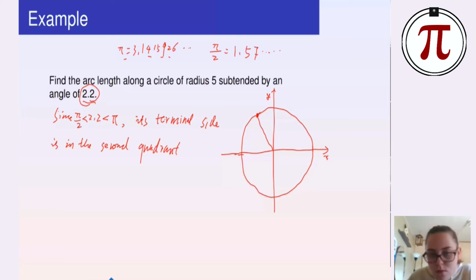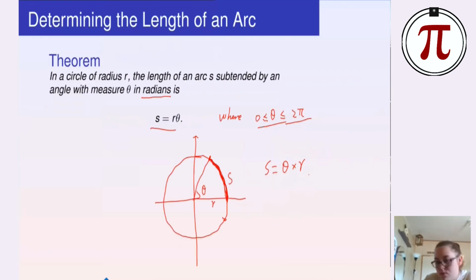What we want to find is this arc length. I know that this angle is 2.2. The radius is 5, and here is S, so I want to find the value for S. By the theory, arc length is the product of R and theta, where theta is measured in radians.